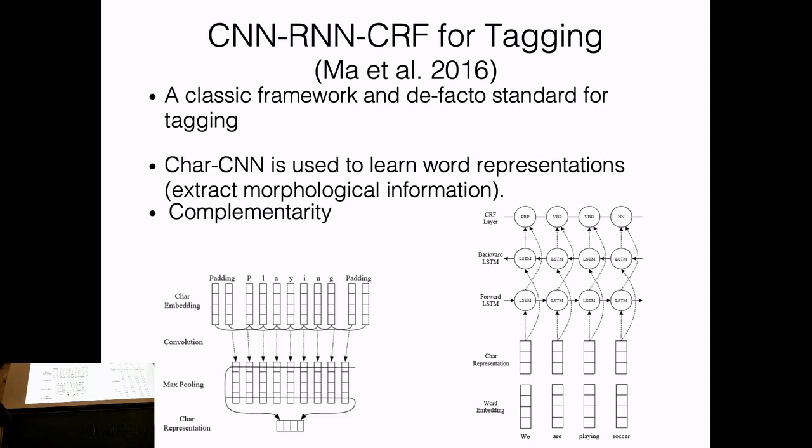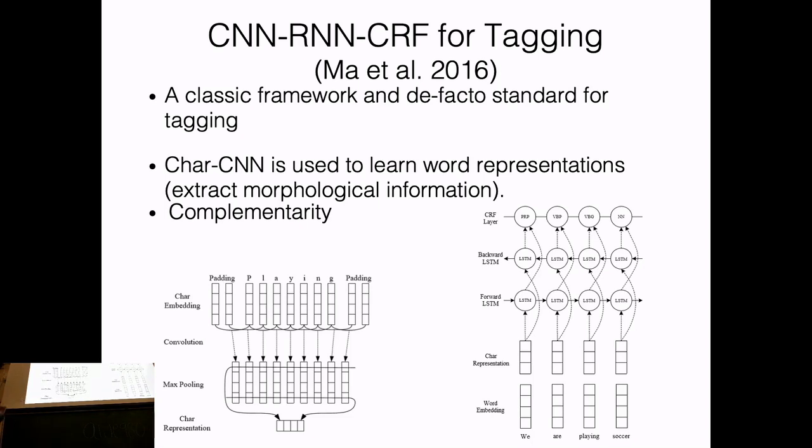One thing to note is that the character level CNN is used to extract morphological information. If you have read some papers in recent years, you will find that in most of the time, we just use the convolutional network to extract morphological information, because it is very useful for this.